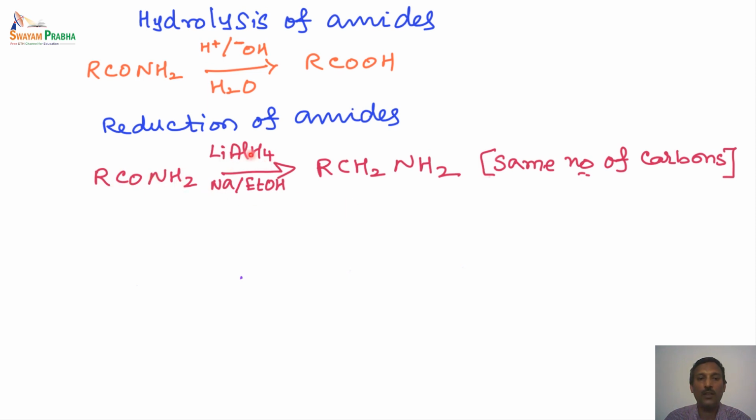Amide on treatment with lithium aluminium hydride or sodium and ethanol, not in the same reaction: condition 1 uses either lithium aluminium hydride alone or sodium and ethanol alone. These are two different conditions. They both produce an amine as the final product, so the C=O is reduced to CH2.